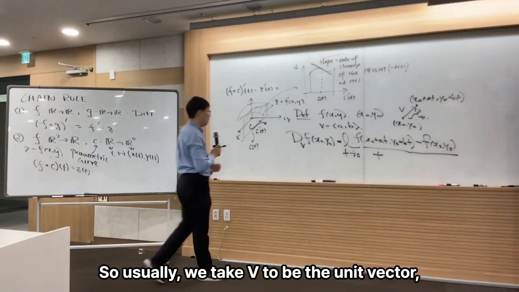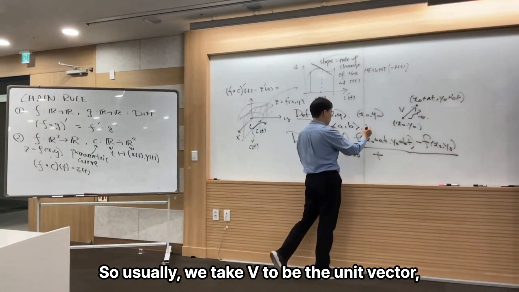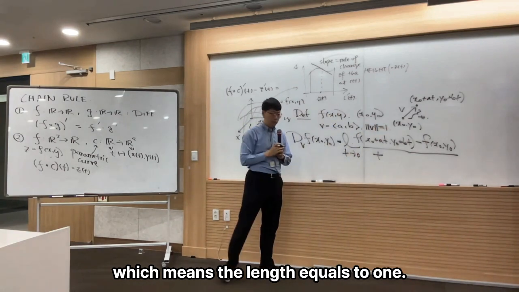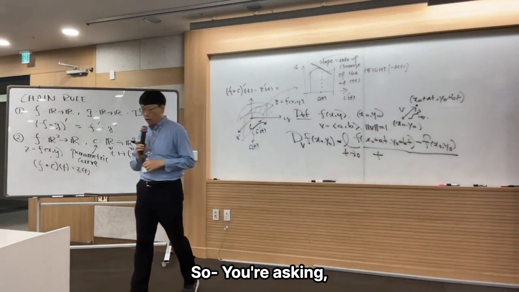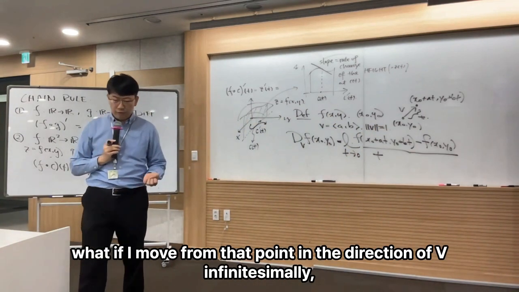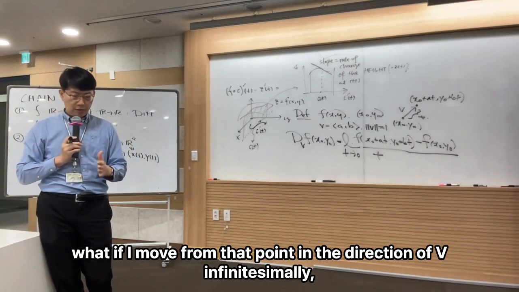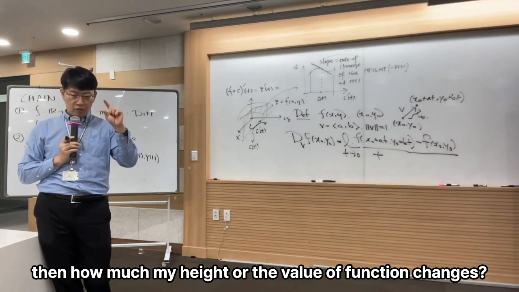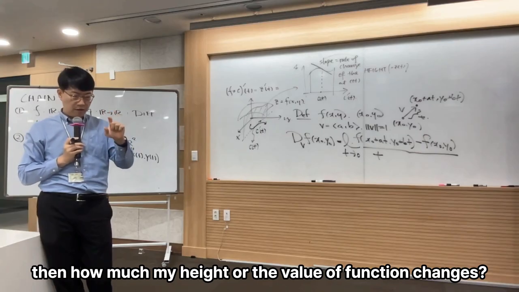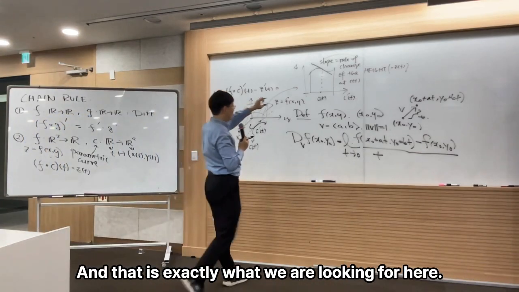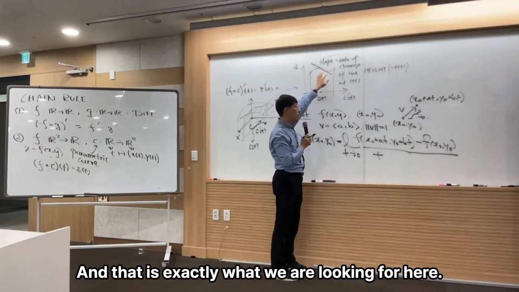Usually we take v to be the unit vector, which means the length equals 1. You're asking, what if I move from that point in the direction of v infinitesimally, how much does my height, or the value of the function, change? That's my question, and that is exactly what we are looking for here.